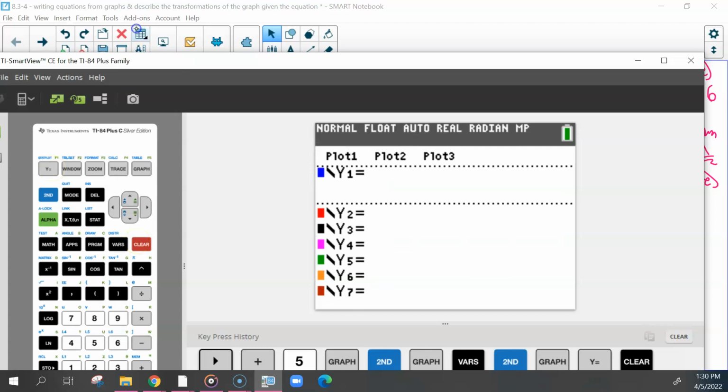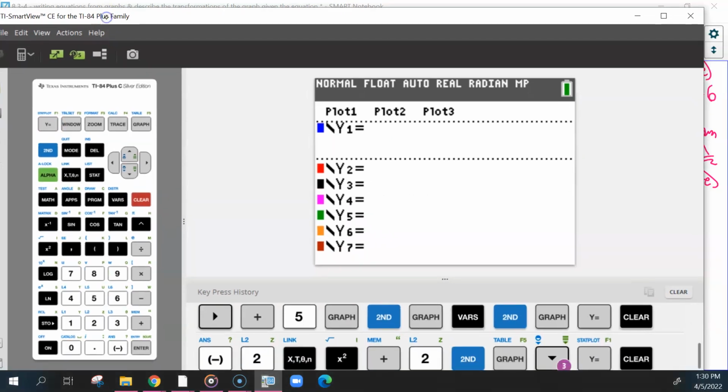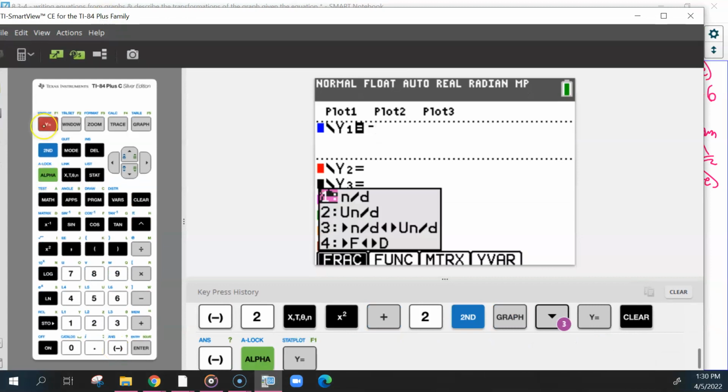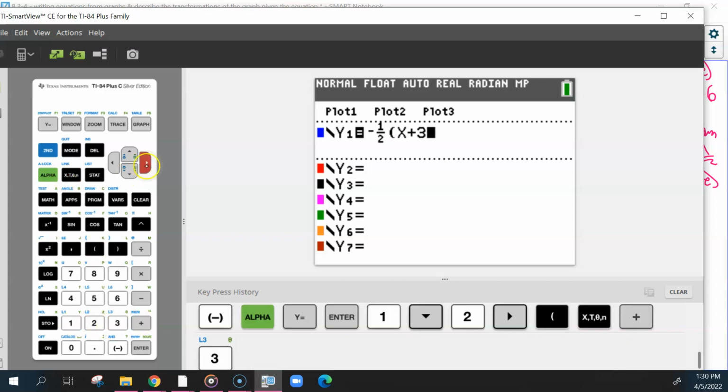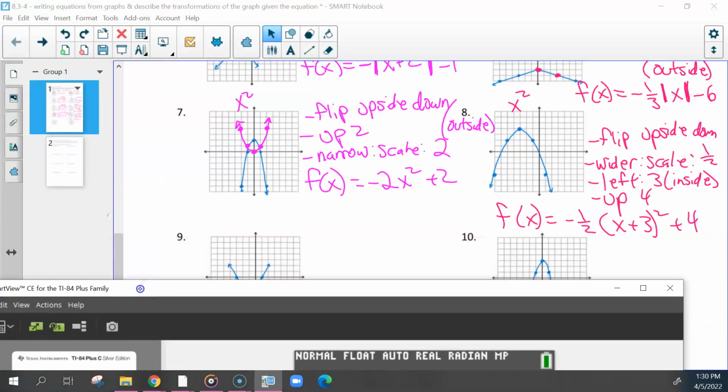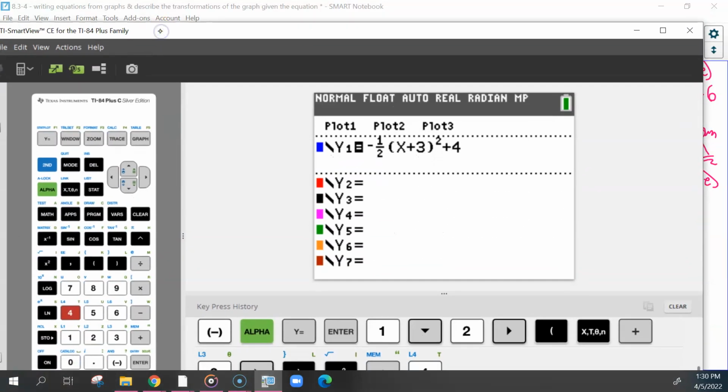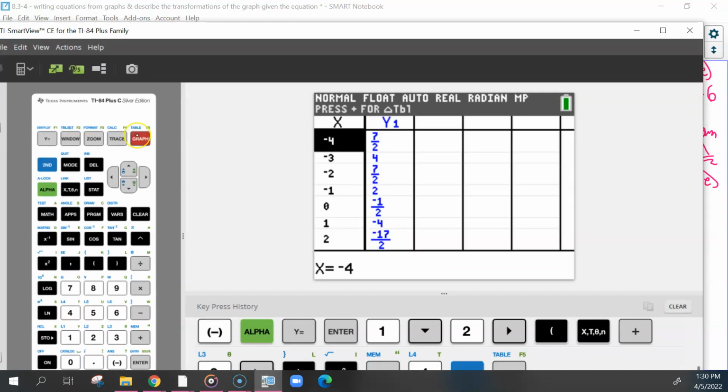So if I put that in, -1/2 times x plus 3 squared plus, what was the number? It was 4, okay. I was thinking that was not right. And I look at my table. Some of these are fractions. I'm going to avoid those and just look at the whole numbers. So I have -5/2.